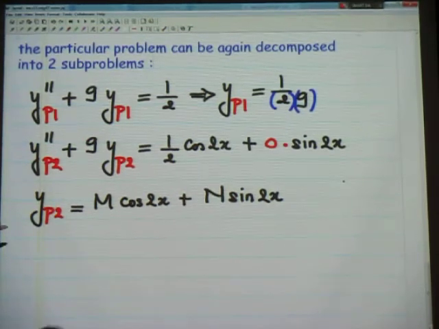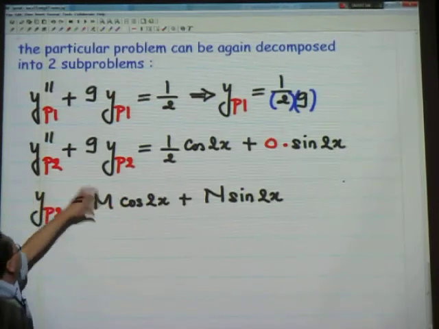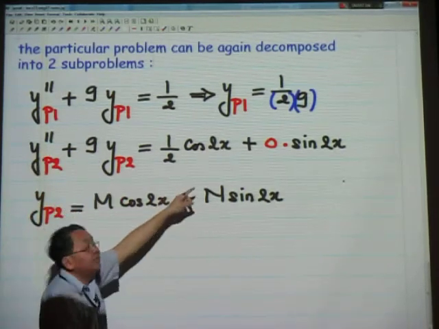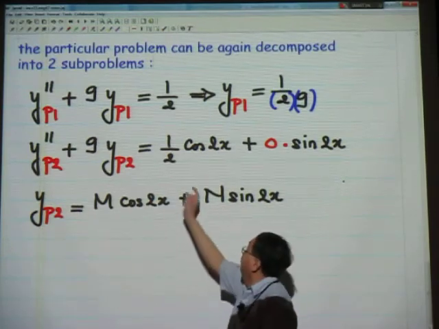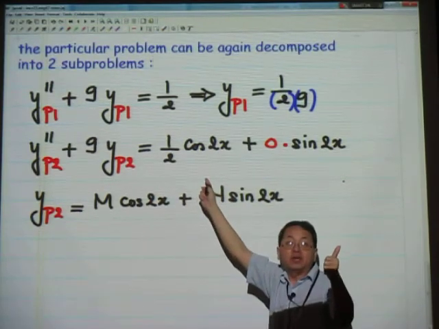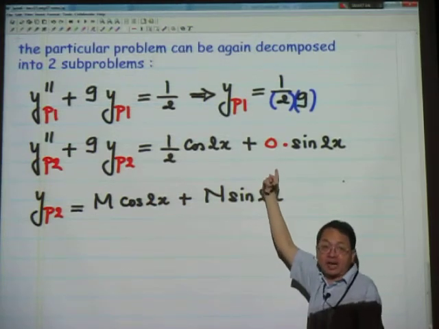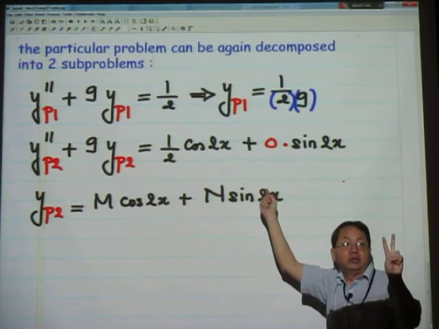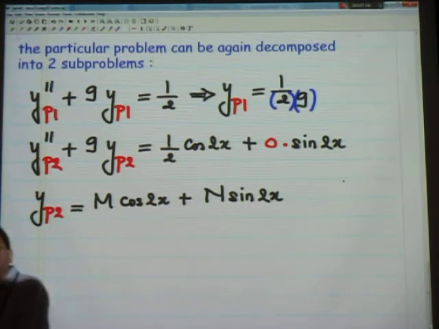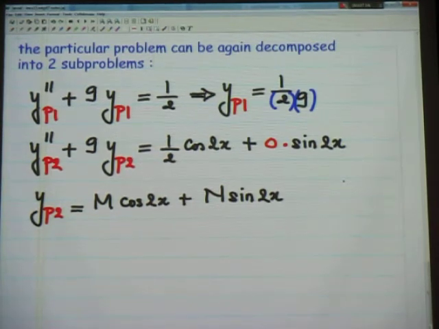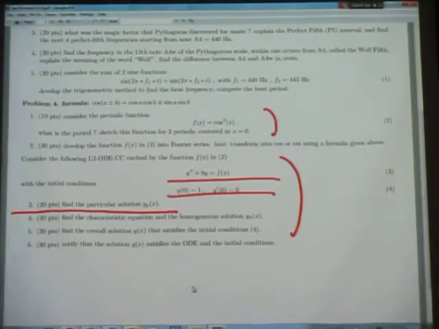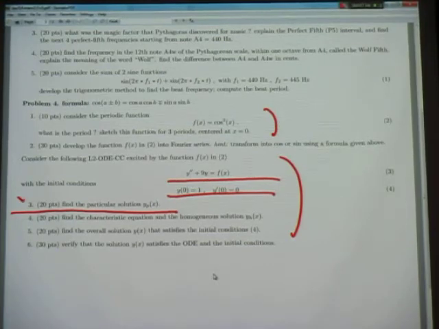So when you differentiate the trial solution and replace into the left-hand side and identify the coefficients of cosine of 2x, you get one equation. And identify the coefficient of sine of 2x, you get the second equation. So two equations for two unknowns, m and n. So once you solve for m and n, then you get the particular solution. And let me go over here. So that's question 3. All right.